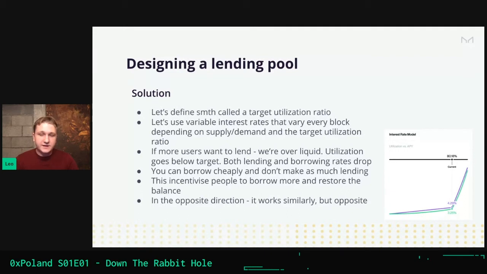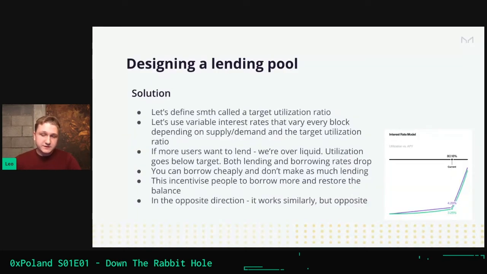And even if there are not enough reserves for some huge lender to withdraw the funds that he wants to withdraw, he can always wait because he's getting a huge interest rate on these funds in this situation. And that is the relaxation of the constraint mentioned before that we're going for in this system.